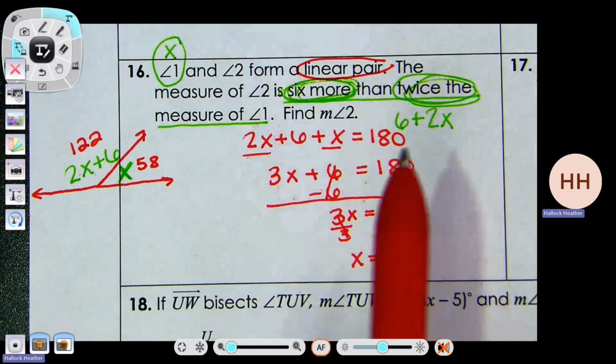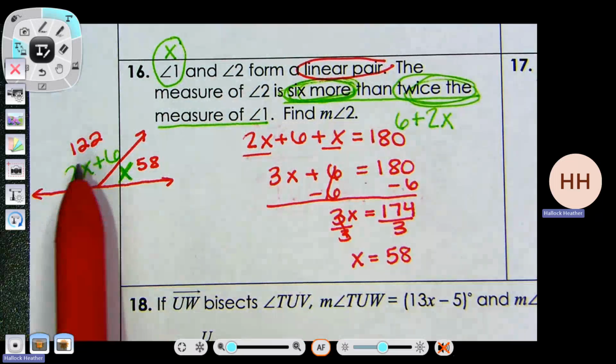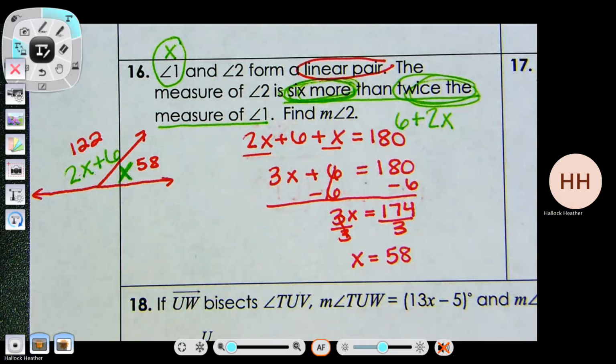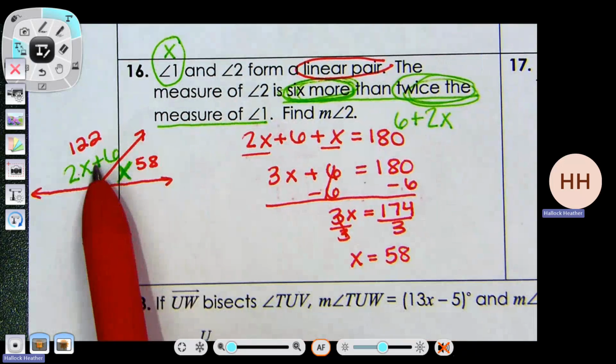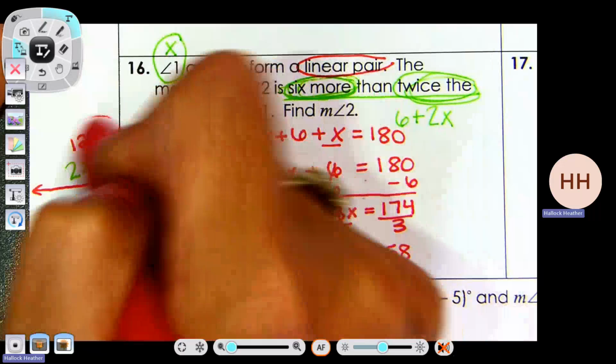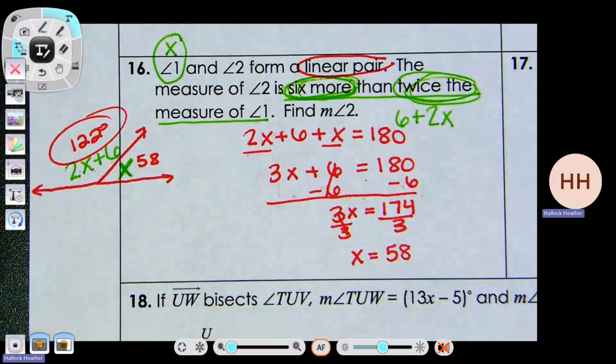Because you have a 50-50 chance. It says find the measure of angle 2. Which one's angle 2? Is it the bigger one or the smaller one? The big one, because it says the measure of angle 2 is 6 more than twice the measure of angle 1. So that's where I put it here. So your actual answer is 122 degrees.